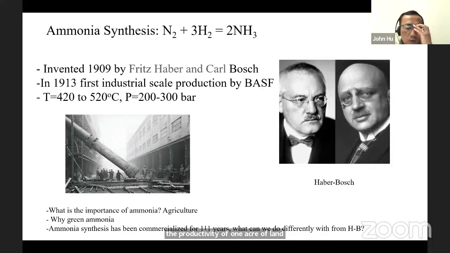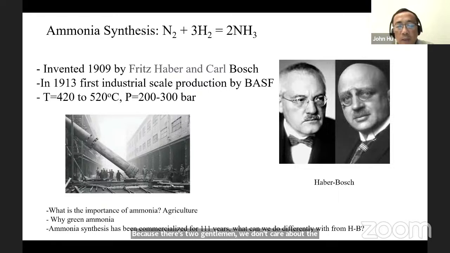All right. So to say it a different way, without these two gentlemen, there would be World War IV. You heard about World War III, World War II, all right? There would be World War III, IV, V, VI occurring until now. The reason being that people compete for land for food. Because of these two gentlemen, we don't care about food because per acre we can grow a lot of food.